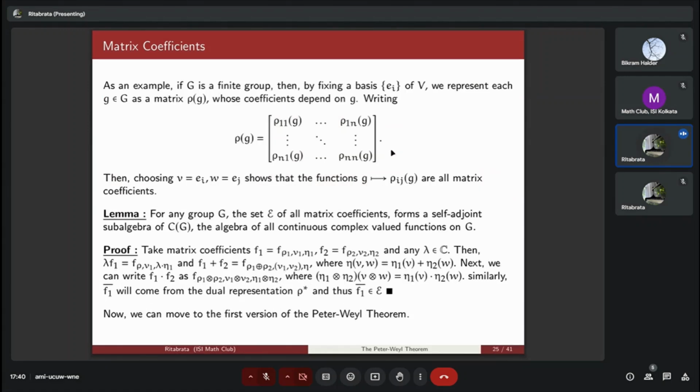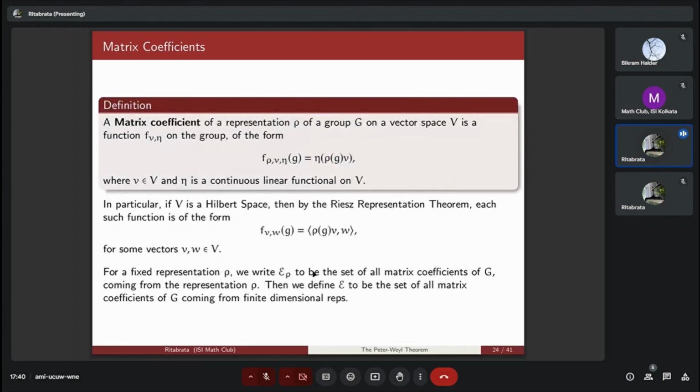If we take, say, a 7-dimensional representation, we represent each group element by a 7 cross 7 matrix. Then we get 49 entries for each matrix, and this will give us 49 functions. These 49 functions come from a particular representation. This is what we mean by eta rho for that particular 7-dimensional representation rho. For eta, we consider matrix coefficients from all possible finite dimensional representations.